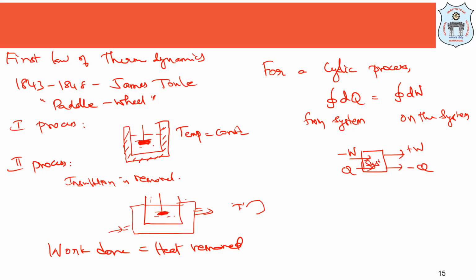Now from this, you can take it to the left hand side and write integral dq minus integral dw is equal to 0. And remember, it is applicable not only for reversible processes, it is applicable for both reversible and irreversible processes.